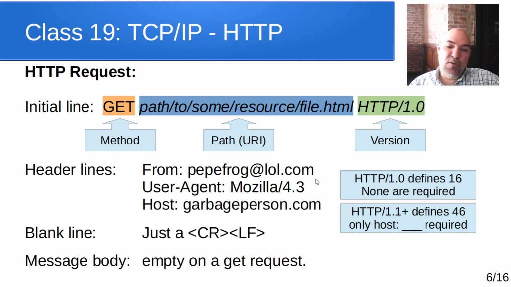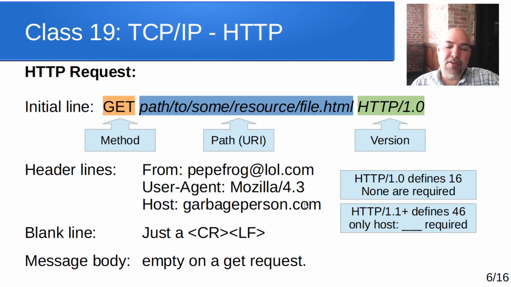In HTTP 1.1 and later, it defines 46 potential header lines. Notice they're in the form of a key, a colon, and then a value. They're all in that form. But only Host is required. The reason Host became required later was that it allowed for virtual hosting on one server. In other words, you could have one server that says get index.html from this domain, or get index.html from this other domain.